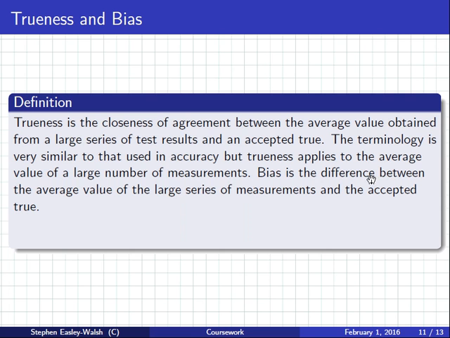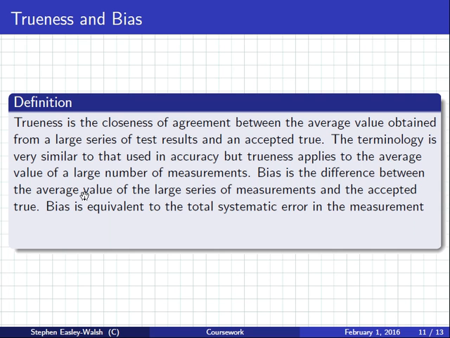Bias is the difference between the average value and the true value. So bias is how different your average value is to the true value. For example, if you got the mass of the system as 1.1 kilograms, but it was only 1 kilogram when you measured it, then you say the bias is 0.1.